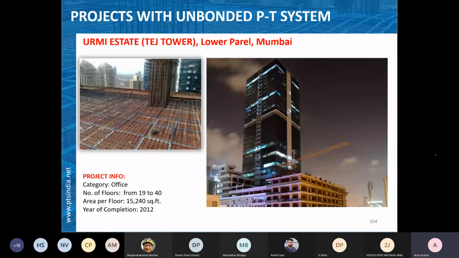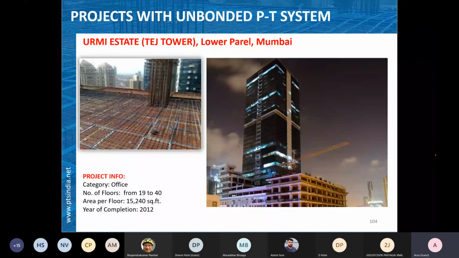And we entered from the 19th floor. So up to 18th floor, it is all RCC. Then actually, we approached them, and the client liked our option, and then we started working from 19th to 40th floor.